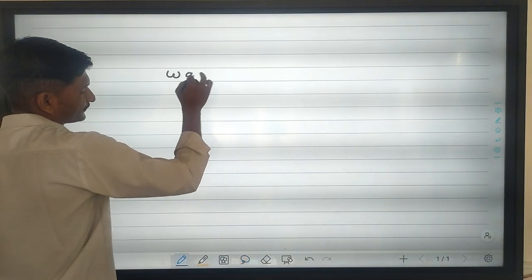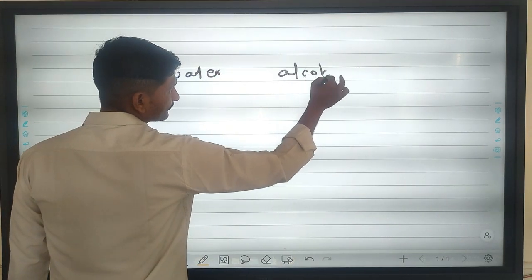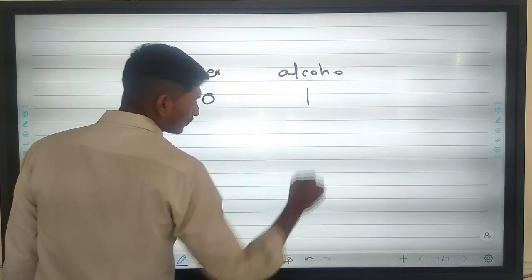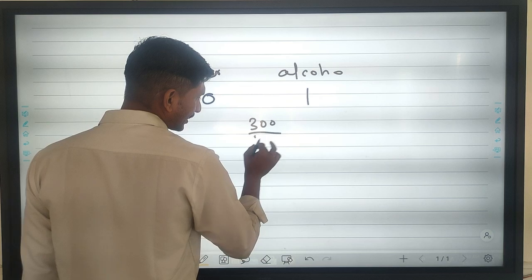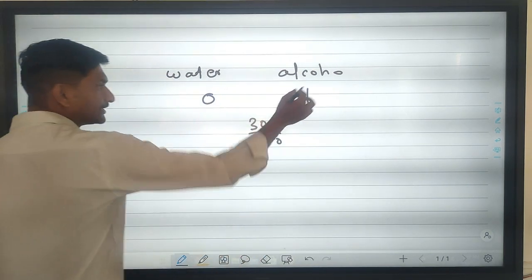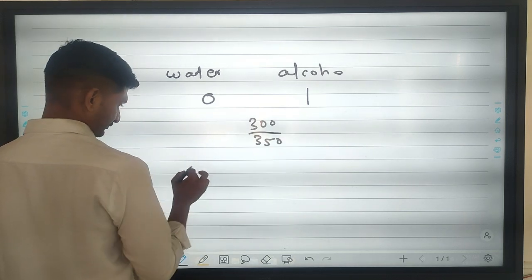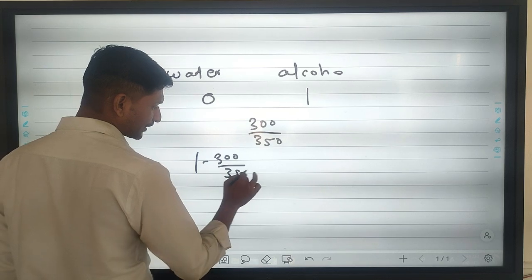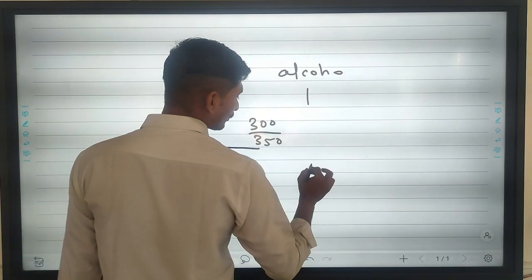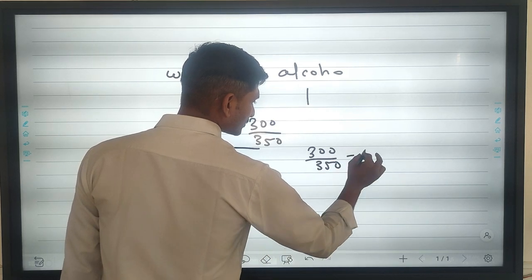Now water, alcohol, 0, 1, and the CP is 300 divided by 350. The subtraction of these two: 1 minus 300 divided by 350, and 300 divided by 350 minus 0.